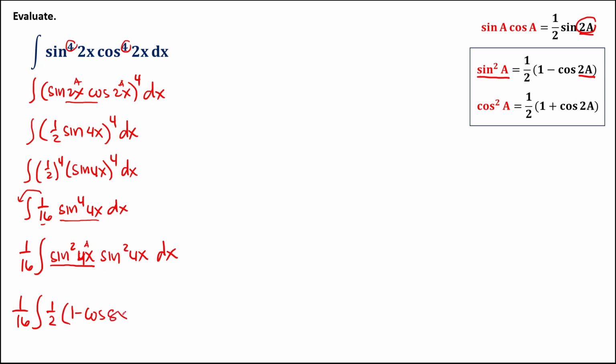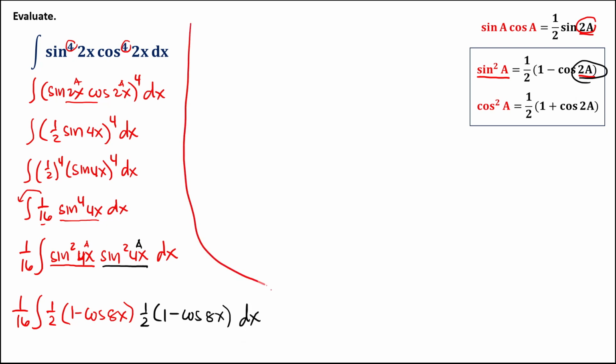So this becomes 8x. Then for this, the same identity, so this is 1 half times 1 minus cosine, again a is 4x and we have 2 times a, so 2 times 4, this one is 8x. Then the dx.